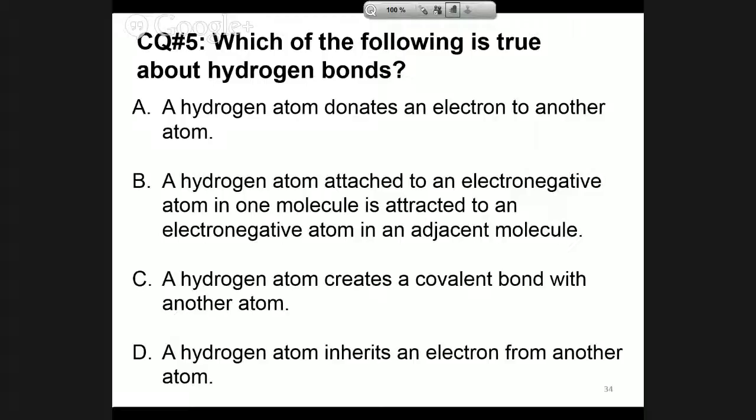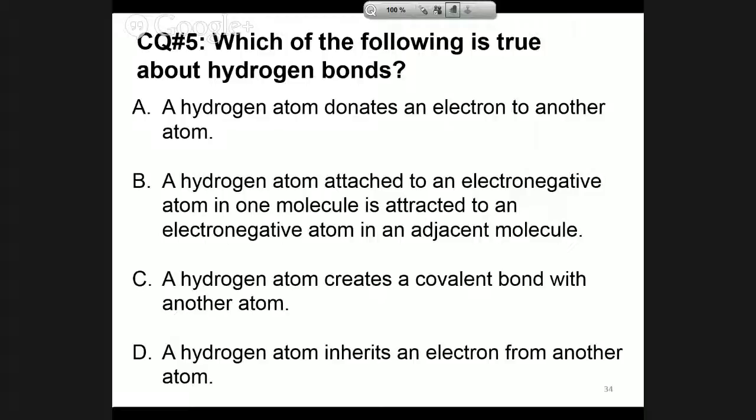If I were to try to make sense of this particular definition, the best I could say is a hydrogen atom attached to, or a hydrogen atom within a polar covalent bond in one molecule is attracted to a strongly electronegative atom in an adjacent molecule.